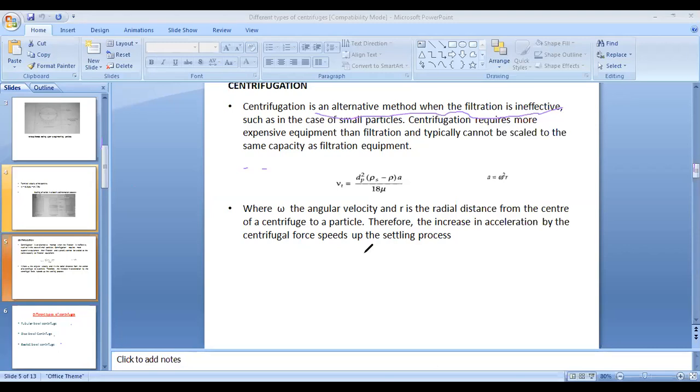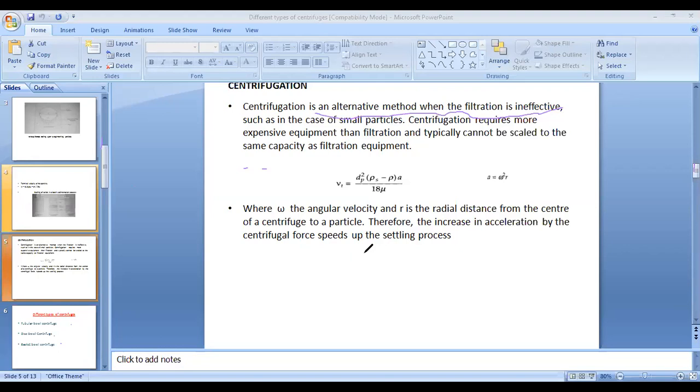Where were we? Pre-treatment. The main reason for flocculation and coagulation is that if you want to decrease the energy requirement for centrifugation, you need to do flocculation and coagulation, which increases the size of the particle. We already know the parameters that influence the terminal velocity are the size of the particle and the densities.